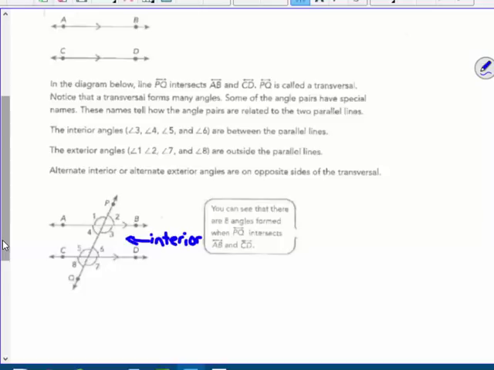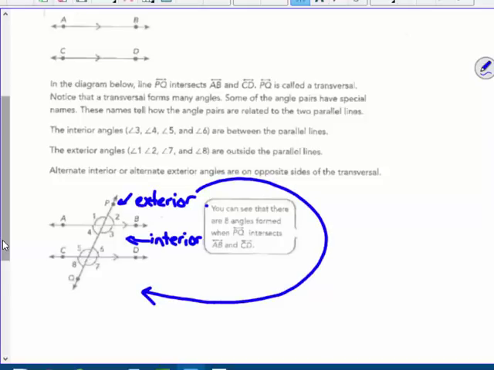Alternate interior or alternate exterior angles are on opposite sides of the transversal. The exterior angles are here and here. Interior is between them. Alternate means, for instance, angle 4 is alternate to angle 6, and they are alternate interior.